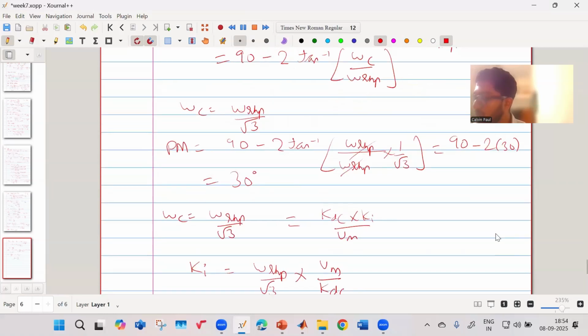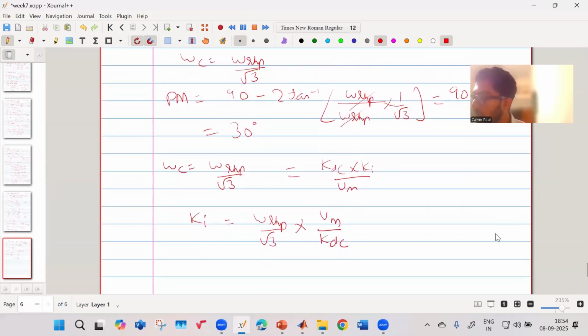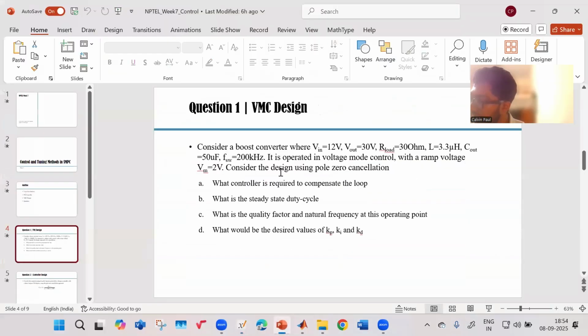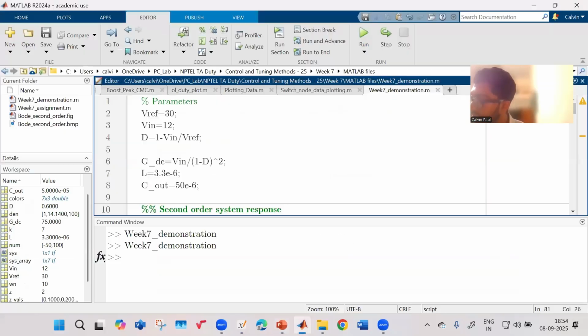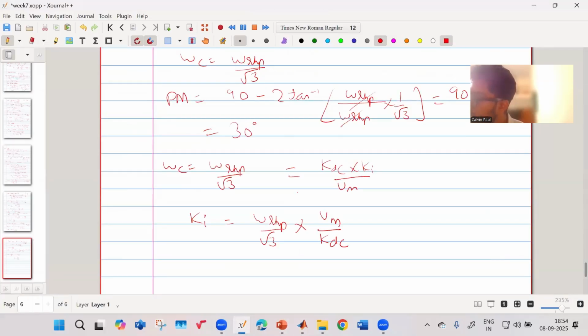Now, in the question it was mentioned that a ramp voltage Vm equal to 2 volts. Omega RHP also we have, and we have PM also. KDC we don't know. So what do you think will be the value of KDC in the case of boost converter?